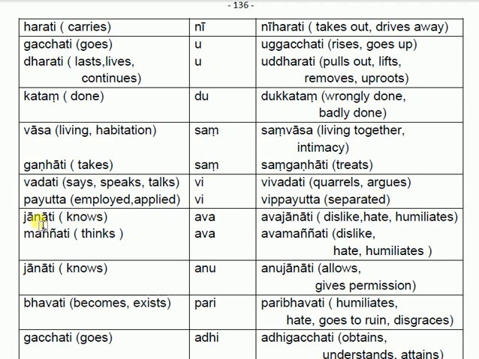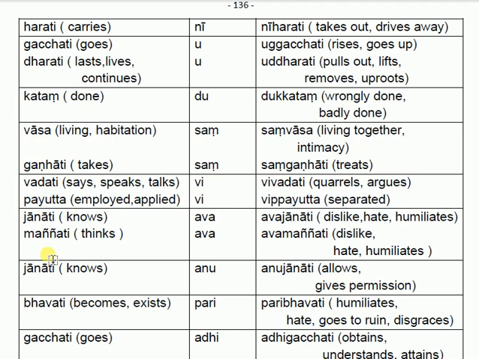And here payutta means employed or applied; with prefix vi, vipayutta means separated. Right. Now janati means knows. Then we add prefix ava, and avajanati means dislikes, hates or humiliates.